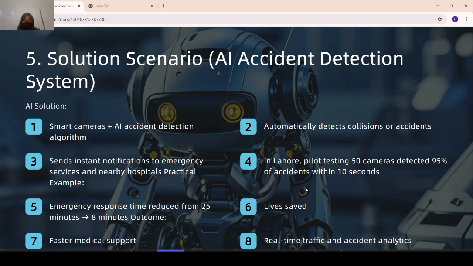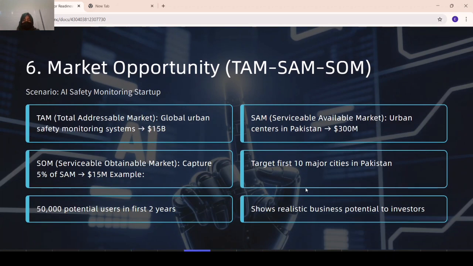Now, market opportunity, which we already discussed, for the AI safety monitoring startup. TAM, the total addressable market, is at global level. So the global urban safety monitoring system market is $15 billion. If we see SAM, the serviceable available market, urban centers in Pakistan, it is $300 million.